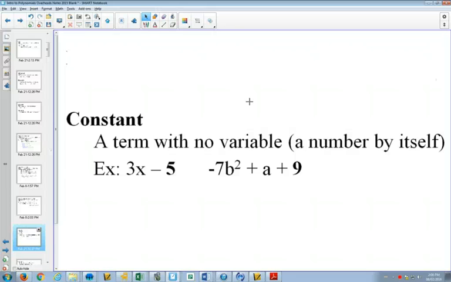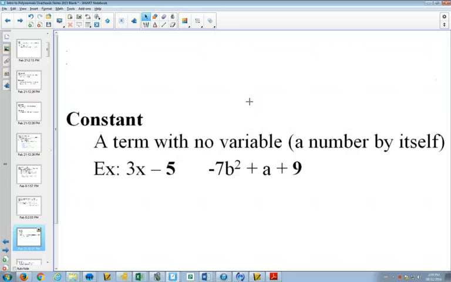The next definition is constant, and it becomes a hard definition because we had an earlier definition that also started with CO. What was that definition?